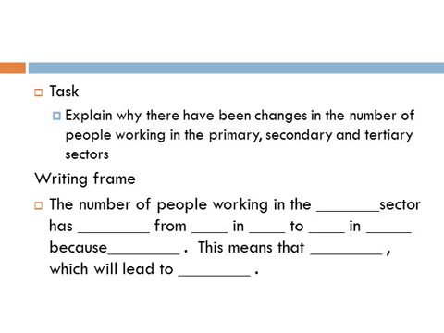Next task that we need to look at. It's all very well saying that there have been changes in the primary, secondary and tertiary sector. Earlier I mentioned that there was a lot more primary and secondary industries previous to now than there was tertiary. Now the majority of what we do in this country is in the tertiary sector, the service sector. So I'd like you to think about why. So I've given you a little writing frame there.